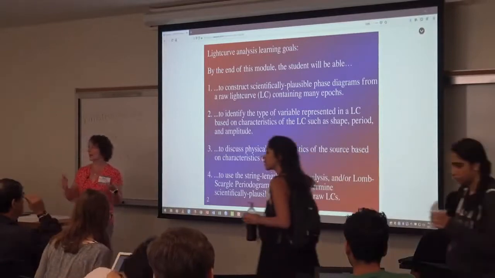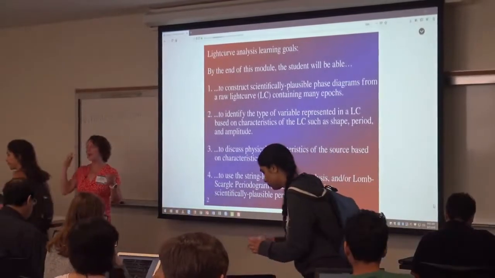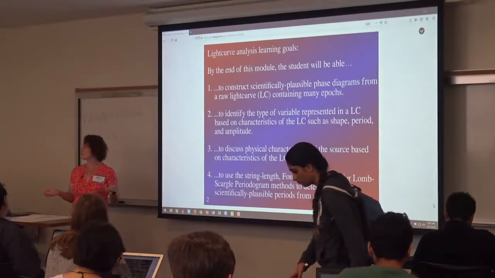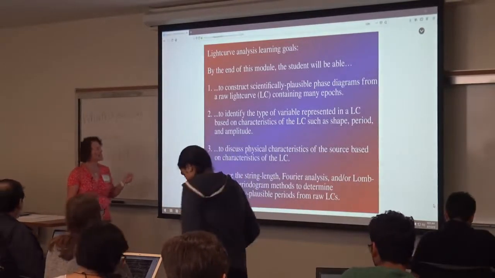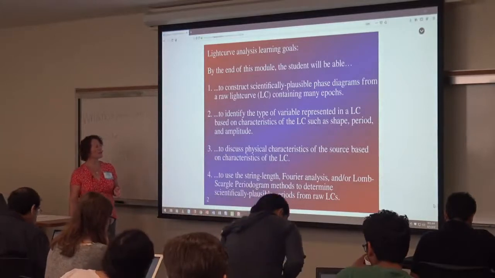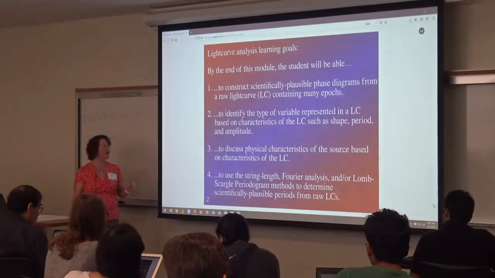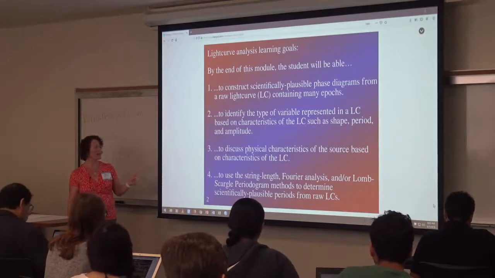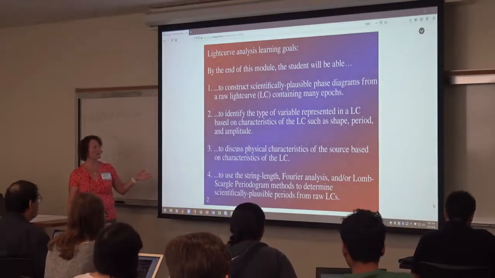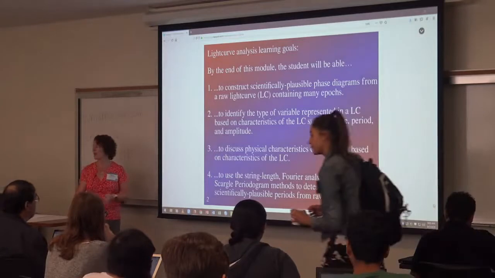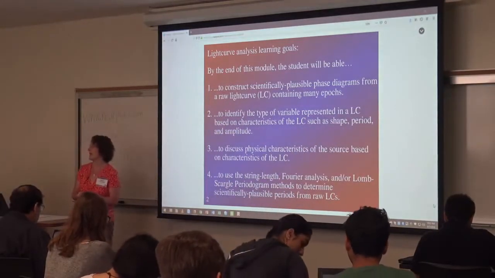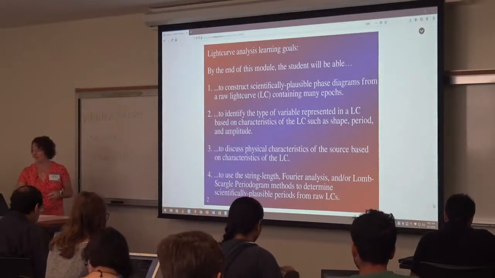That's something we're going to be talking about in just a moment: not just how you analyze light curves, but why you do it and what kind of objects you may be looking at. Then discuss physical characteristics of the source based on characteristics of the light curve, and use different methods such as string length, Fourier analysis, and/or Lomb-Scargle periodogram methods to determine scientifically plausible periods from the raw light curves. And so we'll be going through and talking about some of these things.